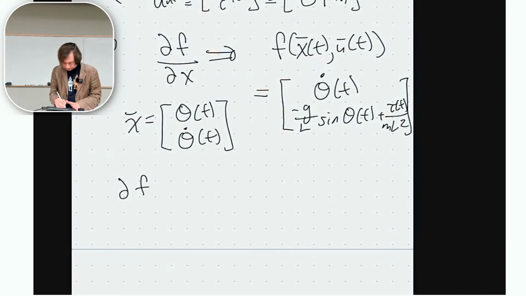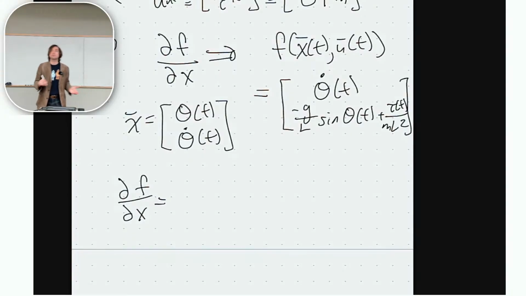So partial f of partial x is going to be a matrix. The partial f partial x is always going to be square. It means it's going to have the same number of rows and columns, because the number of state derivatives, x dot, is the same number. You have the same number of those as you have states, right?